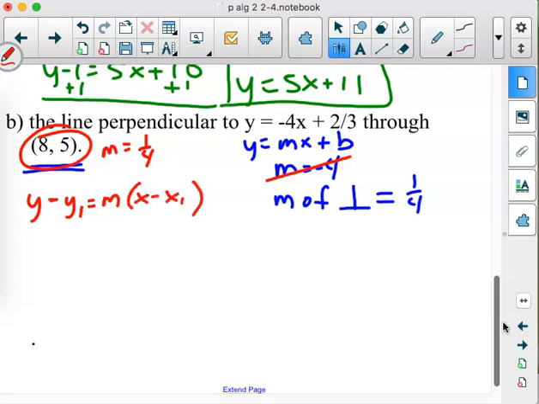You're ahead of me, Amos. So Amos was going to put this stuff in, like so. Now, this was part A and B to the same problem. Were we supposed to stop at point-slope form? We already had to do the slope-intercept thing, didn't we?